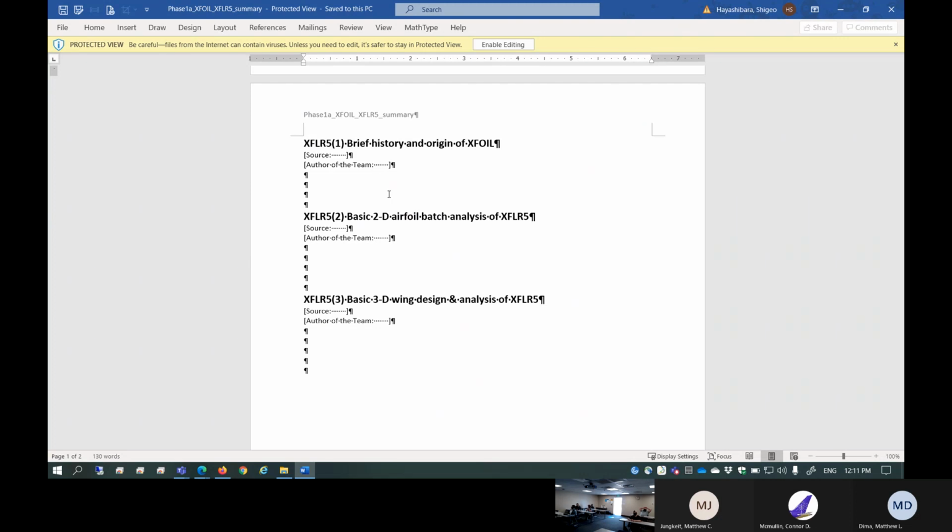Otherwise, you're creating a document just to be a document, like a BS. No one uses that kind of document. That's a waste of time. So please make sure you develop a very nice, useful document, at least for your team. As you try to run this example, take a screenshot, paste it, and put some short explanation so that your teammate can look at it and run it.